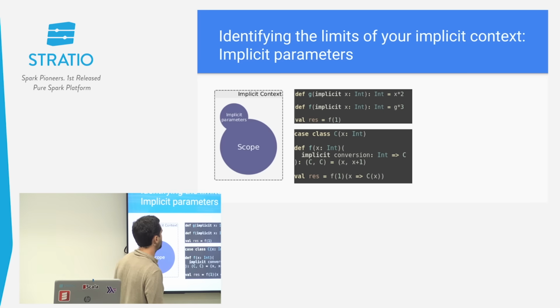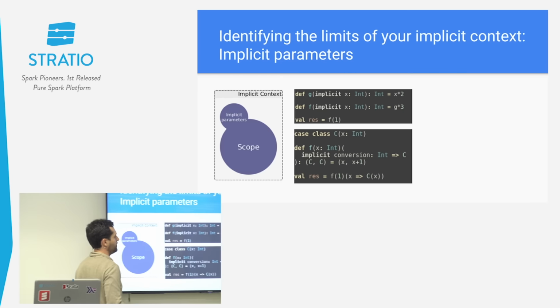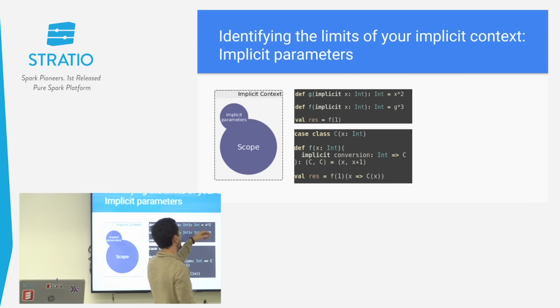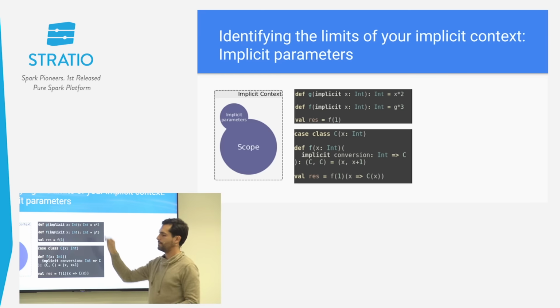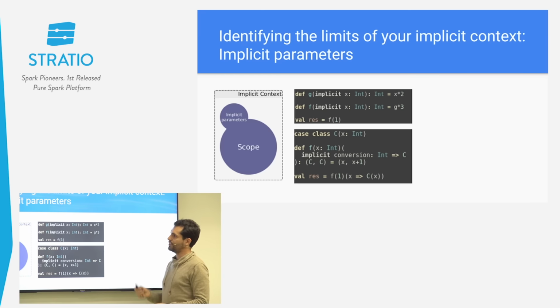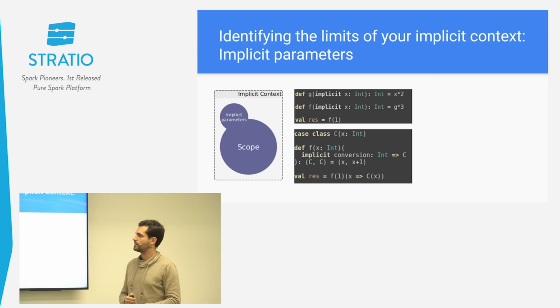It will be easier to understand. We have the method g, which receives an implicit parameter x of type Int, returning Int. We don't care about the return type this time. It multiplies the parameter by 2. If we call g with a value, for example g(3), we'll get 6.